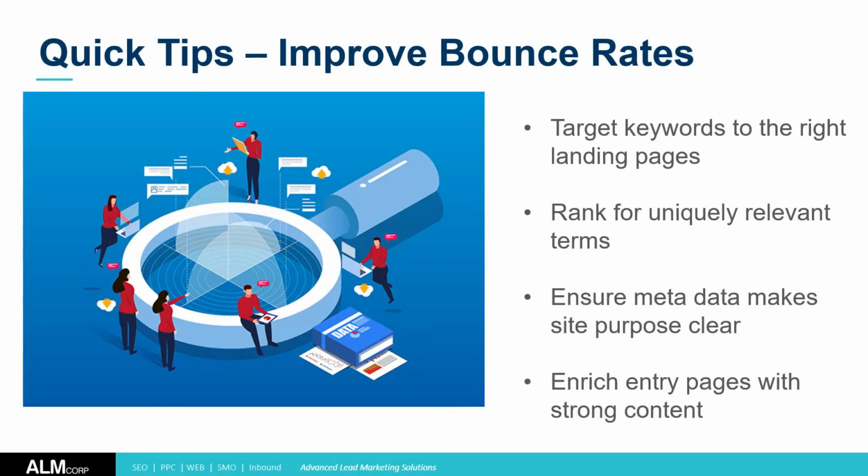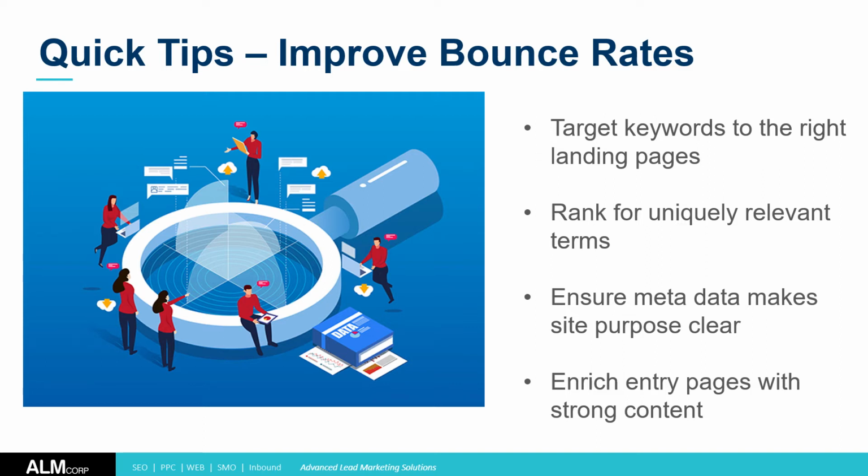With our bases covered on our engagement metrics, let's take a look at tactics and what you can do today to help improve these engagement rates, to give your users a better experience, and to tell Google we're relevant. To help reverse sliding bounce rates or improve on existing numbers, ensure you're targeting the right pages with the right keywords.